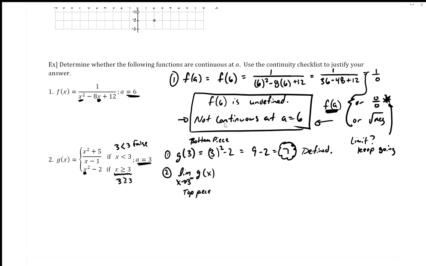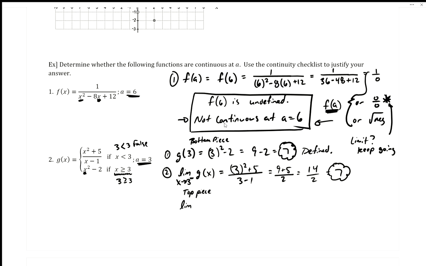That is just plugging 3 into the top piece: 3 squared plus 5 over 3 minus 1. 3 squared is 9 plus 5 is 14, and 3 minus 1 is 2. 14 divided by 2 is 7. So the limit on the left is 7.